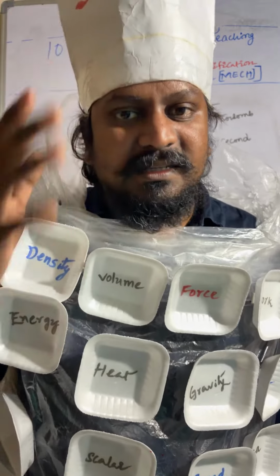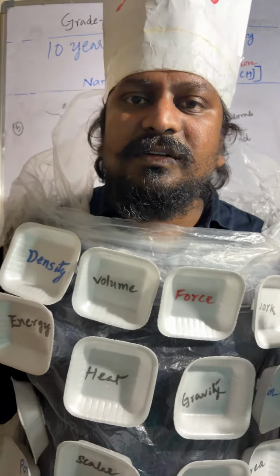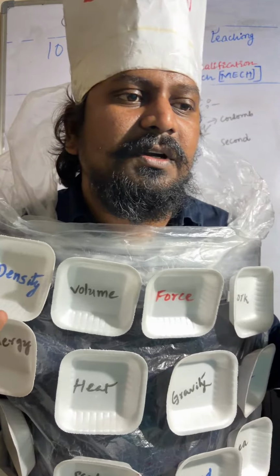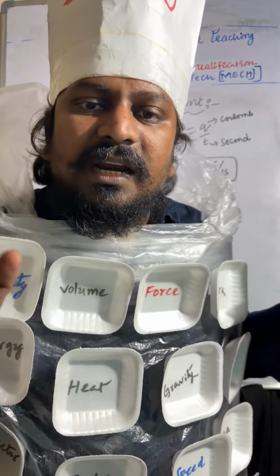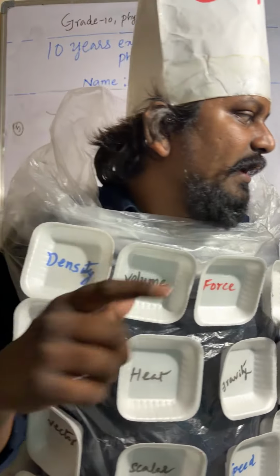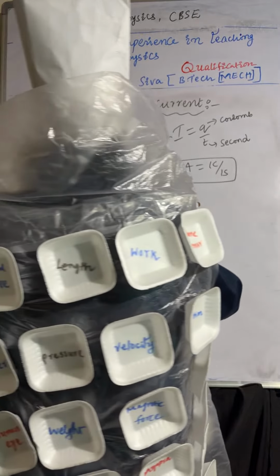So you have to define those terms. After that, they will ask about quantization of charge and the values. I already mentioned those values, and you have to remember them compulsorily.